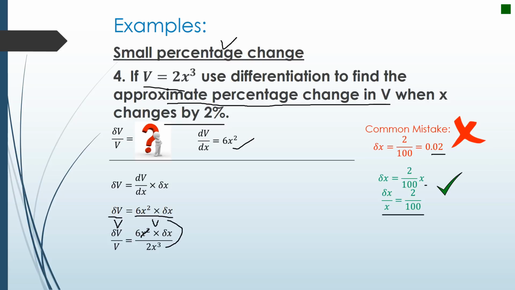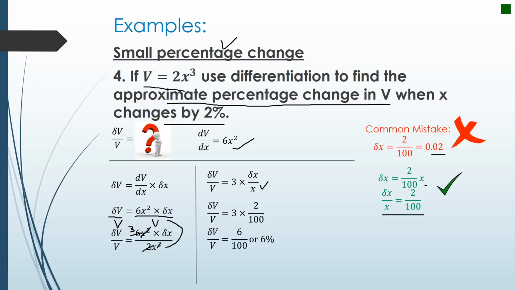Now we can do the simplification. x squared and x cubed simplify, you have 1 x left down here, and 6 divided by 2, you have 3 left. So after the simplification, we have delta v over v equals 3 times delta x over x. Now we can substitute delta x over x, which is 2% or 2 over 100. So at the end, we have delta v over v equals 6 over 100, or 6%. So we can say there is a change of 6% in v.